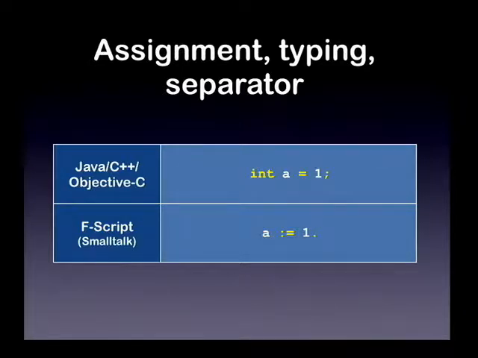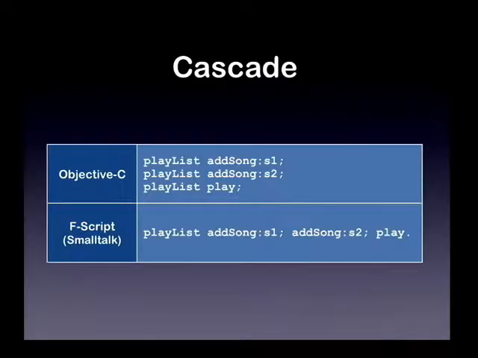Again, this is standard Smalltalk syntax. FScript uses the semicolon for a notation called cascade, which lets you send multiple messages to the same receiver sequentially without having to re-specify the receiver each time you send a message.